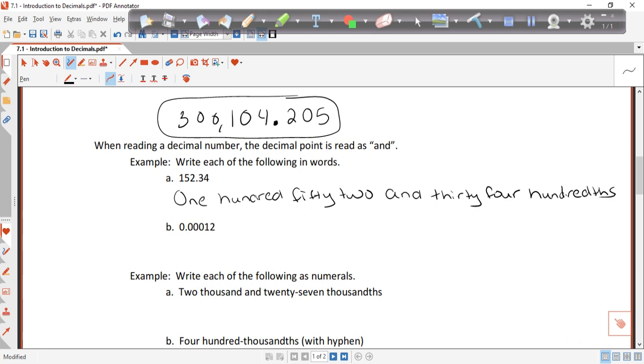The next one doesn't have a whole number place, so we'll just start with 12. And then we have 1, 2, 3, 4, 5 decimal places. So 1 followed by 5 zeros. You can count those, but this would be 100,000.